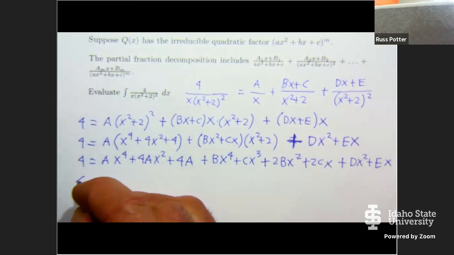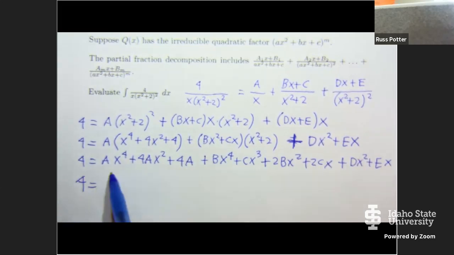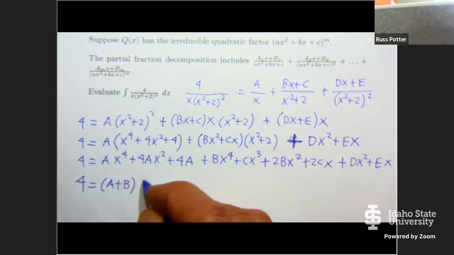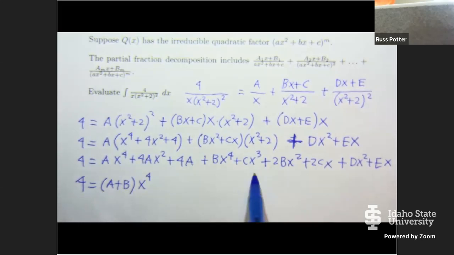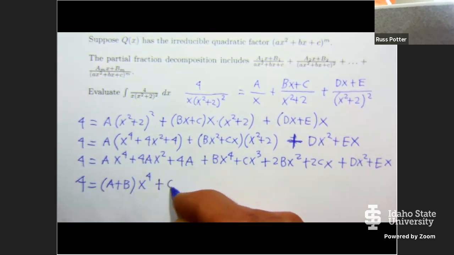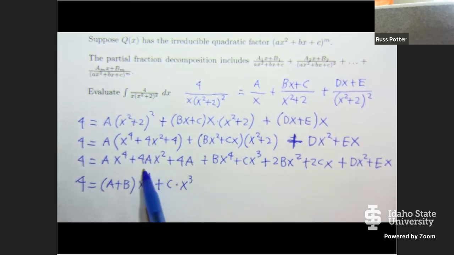Okay, now we'll collect like terms. Two terms have x to the 4th, Ax to the 4th and Bx to the 4th. So we'll write that as A plus B times x to the 4th. Just one term has x to the 3rd, so we have plus C times x to the 3rd. Then the x squared terms, we have 4Ax squared plus 2Bx squared plus Dx squared.